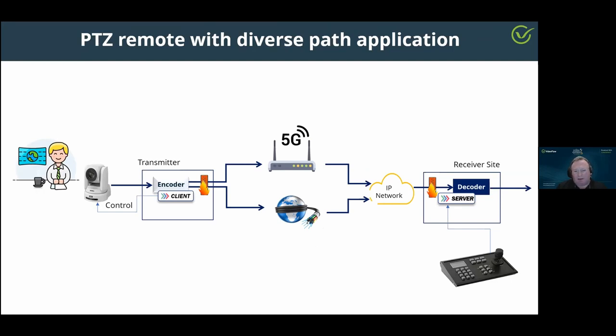set it up. In this example, a video flow device, which acts as a gateway, shows the same application that Sergio showed before, in which we also utilize the 5G and the internet for the connectivity. But here we have an external PTZ controller that uses the tunnel to control the camera, also provide teleprompter information.